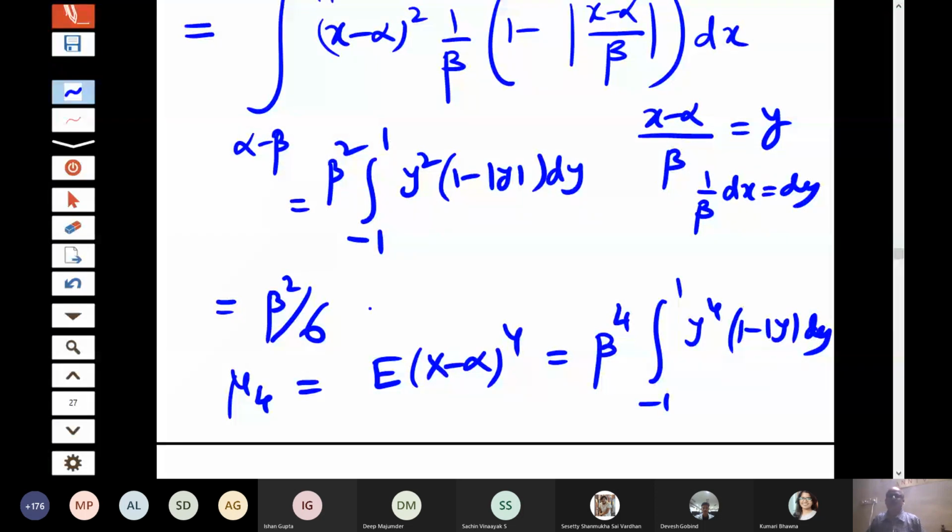What about the first quartile and the third quartile? See, for the first quartile, you will be on the left of alpha. So you will integrate from 0 to that q value, and it will be 1 minus mod of (x minus alpha).